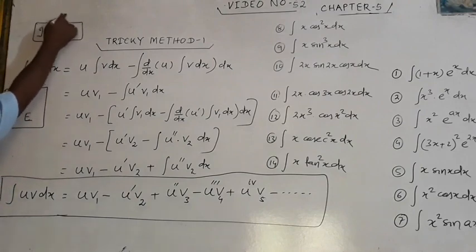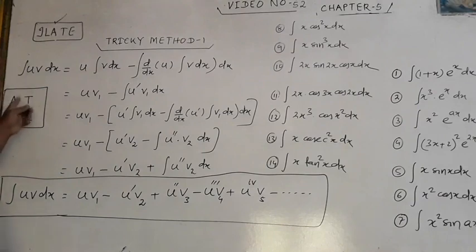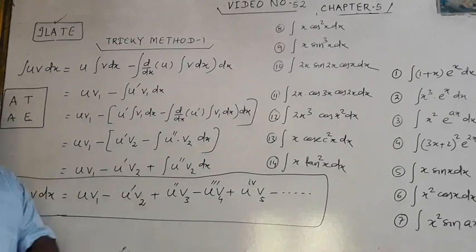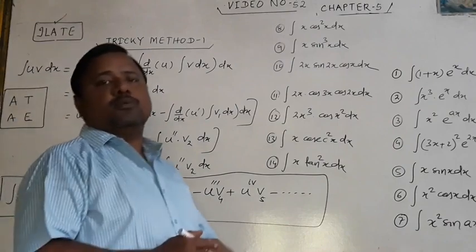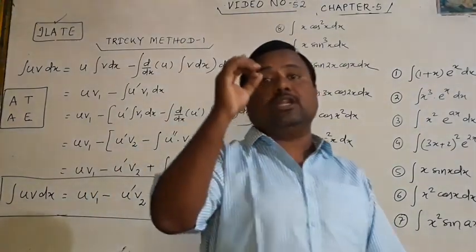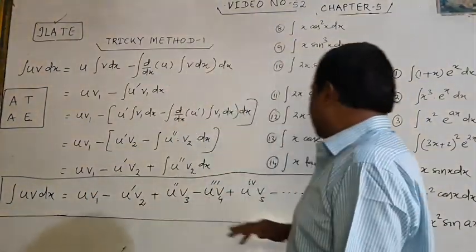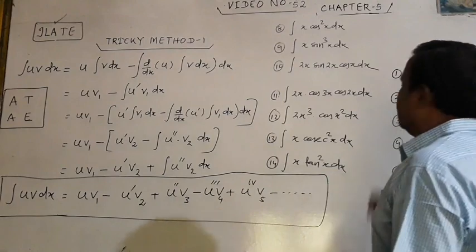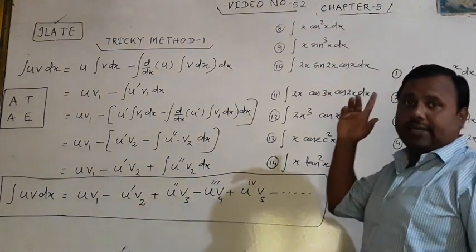Algebra is the main role, the main hero of this problem. In that case, you will apply the formula and solve those problems in 1-2 lines only. If you do not go by that method, then it will be 5 to 10 lines.